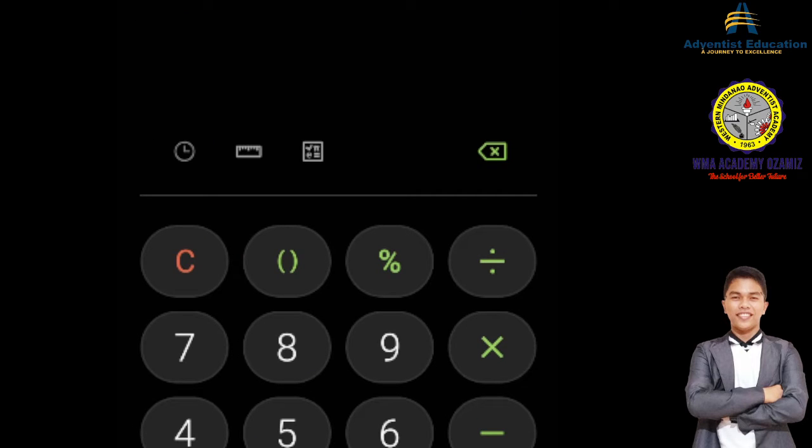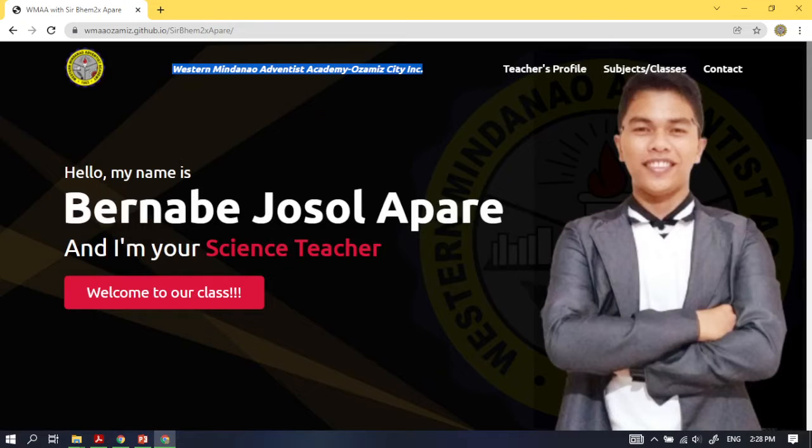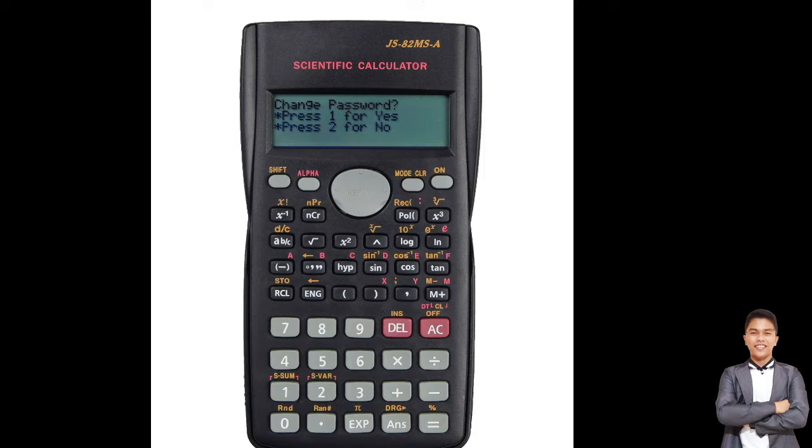Okay, this one. If you also have your scientific calculator with you, what you're going to do is press the number here, then you press this sign.